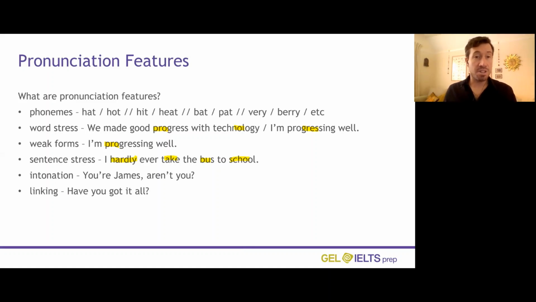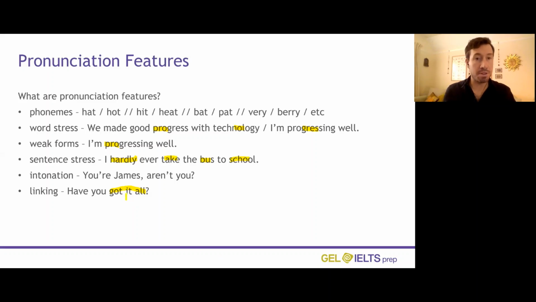Linking is another pronunciation feature. So this is where you say, have you got it all? These 3 words, got it all. You don't say got it all. They all connect together. You say got it all, got it all. They connect and make nearly, it sounds like one word. We call this linking.